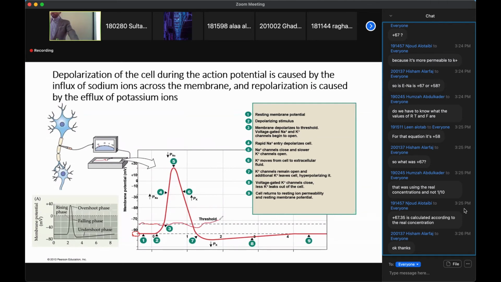So if the electrical potential reaches a threshold, what will happen is that the membrane conductance to sodium increases dramatically, okay? And here we say this is the upstroke of the action potential. We can say that the membrane is depolarized.